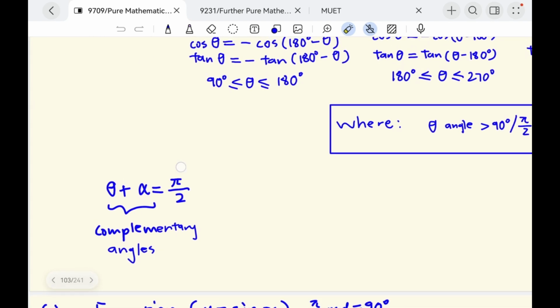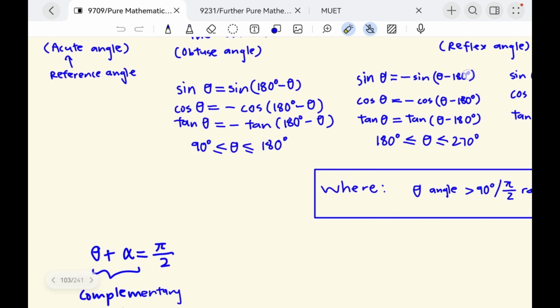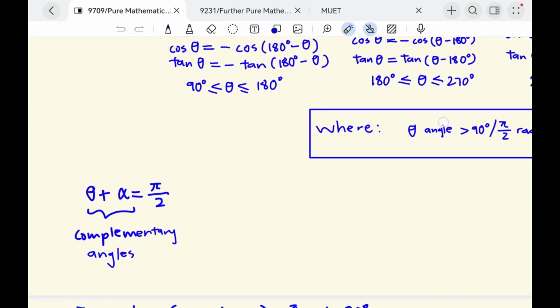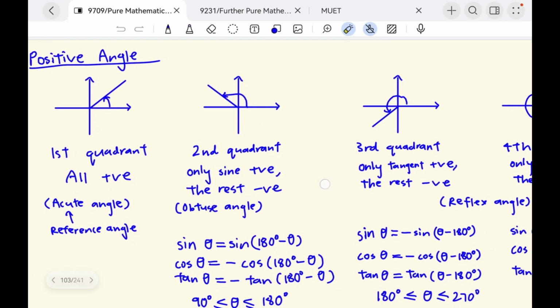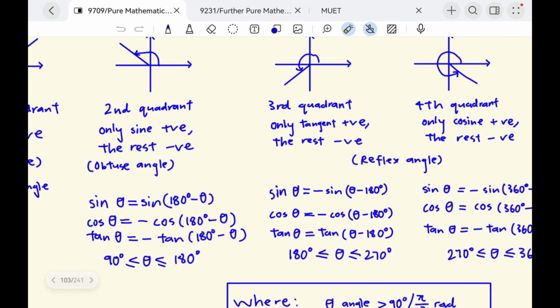These are known as complementary angles because the sum of these two complementary angles gives pi over 2, when both angles are acute. So for this angle to become an obtuse angle, it must contain the complementary angle.